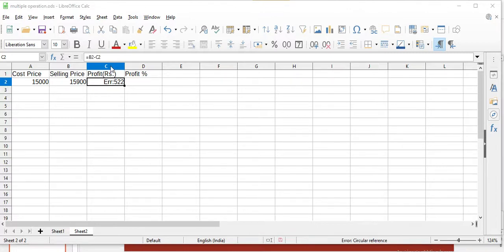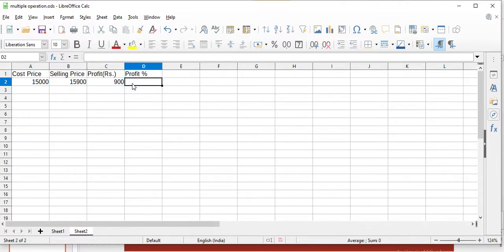My cost price is in A2, so B2 minus A2. Press enter. So my profit is 900 rupees for that particular mobile.